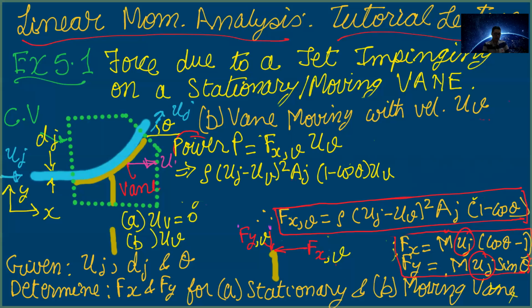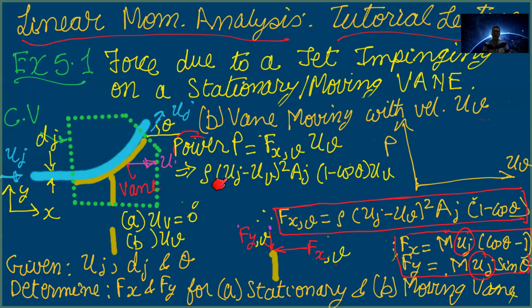Now, if you plot a curve of power, in the y-axis I have shown power, and in the x-axis is the vane velocity. Now this power is 0 when the jet velocity is equal to vane velocity, and it is also 0 when the vane velocity is 0. So when uv is 0, that's the first case.